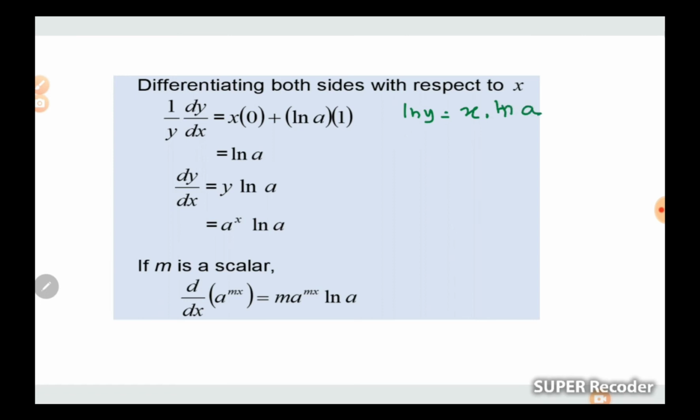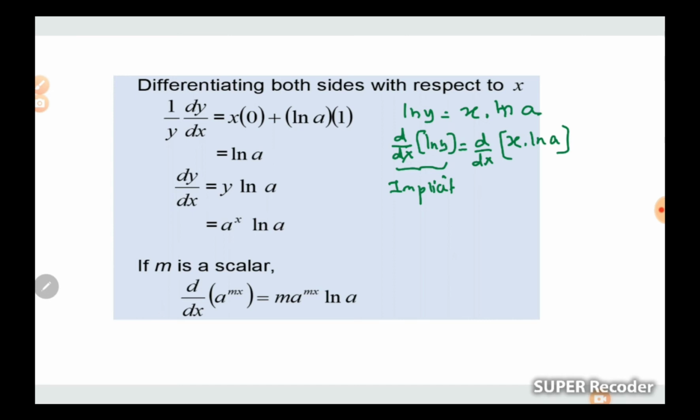Then how to differentiate ln y? Now we differentiate both sides. Differentiate ln y, and you also differentiate on the right side, that is x multiplied by ln a. Differentiate y, this is implicit differentiation. Implicit means you want to differentiate a function that is not in terms of x.